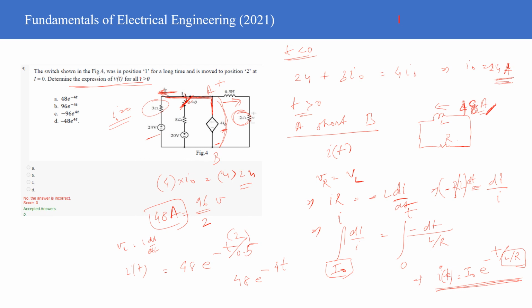For the expression of voltage, you are just going to take a derivative. V equals minus L di by dt, because it's discharging. So it's going to be 48 volt and e to the power minus 4t, and the derivative of this quantity is minus 4.